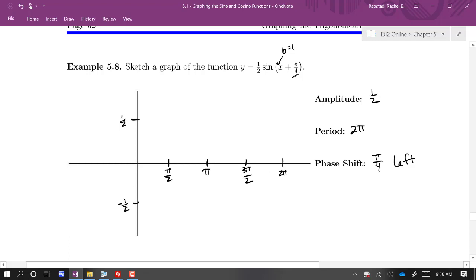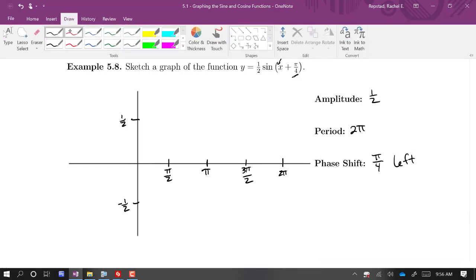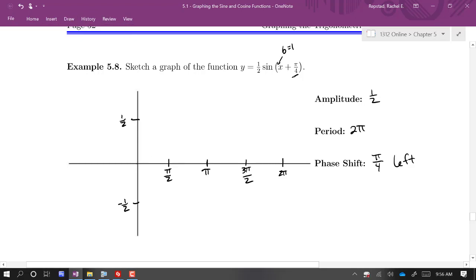And so what I'm going to do first is I'm going to first sketch a graph of the 1/2 sine x. So I'm going to first sketch it without the phase shift. And 1/2 sine x, it starts at 0, then it reaches its peak, then it's back to 0, then it's at its minimum, then it's back to 0.